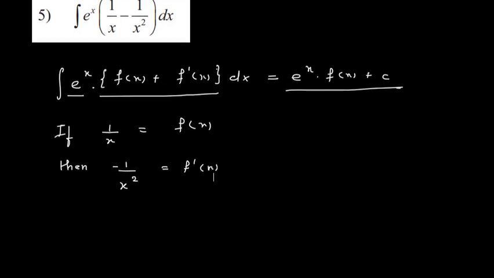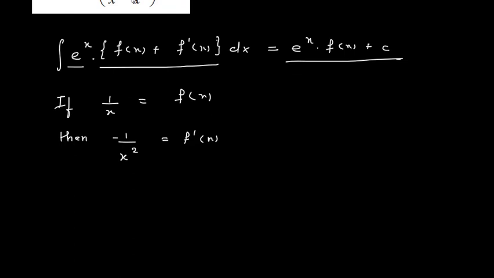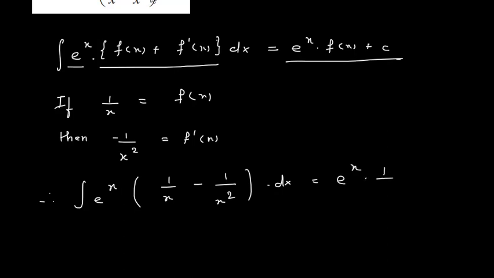So you see that this 1 upon x is your fx and this minus 1 upon x square is f dash x. Therefore integration of e power x into 1 divided by x minus 1 divided by x square dx is equal to e power x into 1 divided by x plus c. So e power x into 1 divided by x plus c is your right answer. Fine.